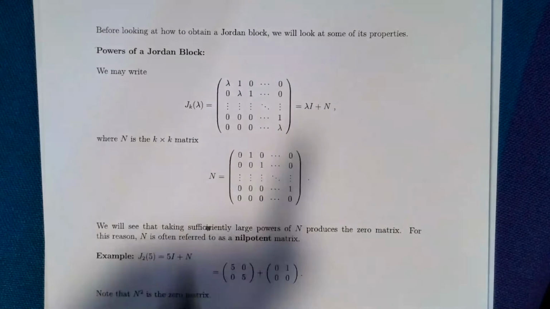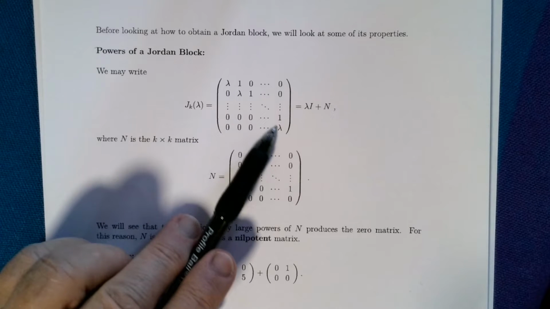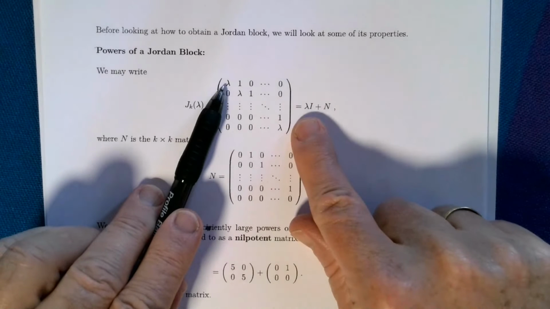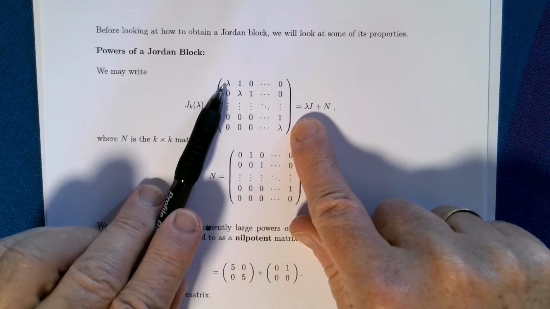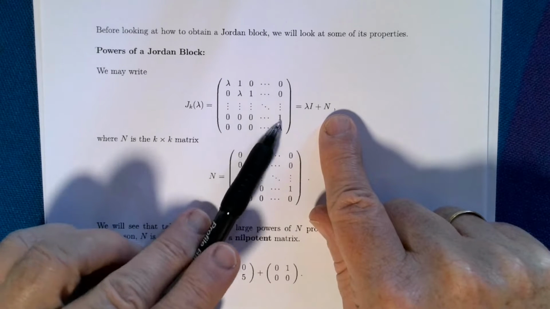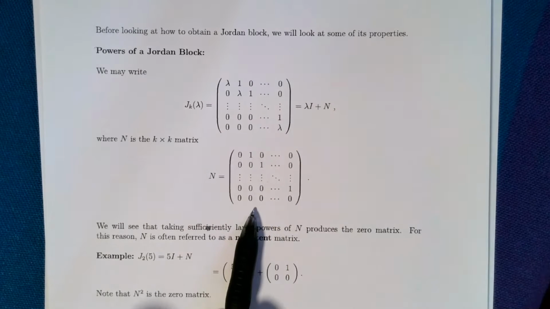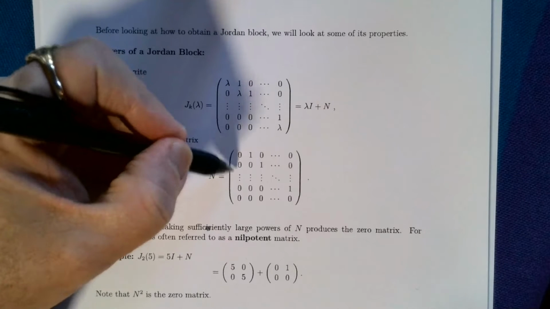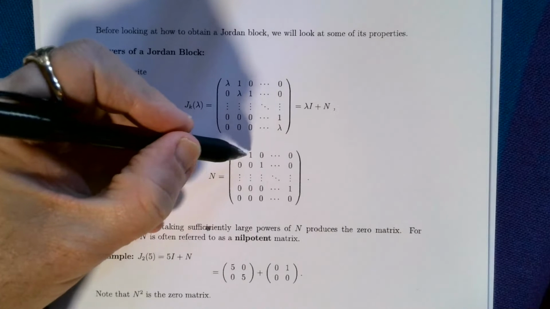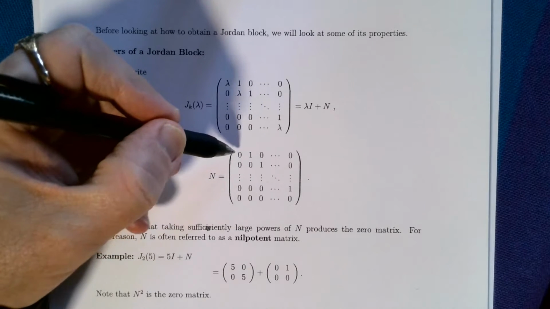So you can see from this, we can just take the matrix with the lambdas on the main diagonal, which is lambda times the identity, and then we take the bit that's left, which is just the ones down on the off diagonal, and that's this matrix, and we're going to call that N. Now if you play with some examples of this, if you look at a little 2 by 2 N matrix, if you took just 0, 1, 0, 0 and squared such a matrix, then you get the zero matrix.